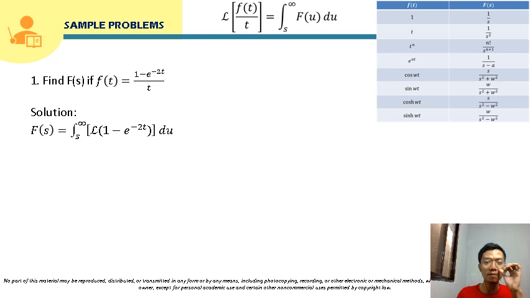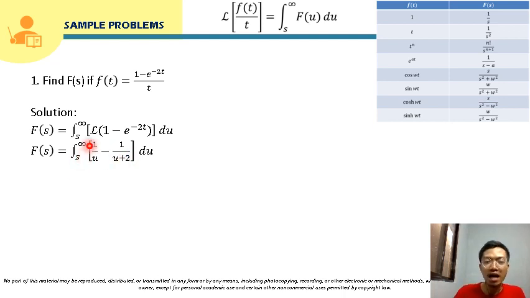We can apply linearity of the Laplace transform. What will be the Laplace transform of 1? That is actually 1 over s, but instead of using s, you will use u, so that will be 1 over u. And then the Laplace transform of e raised to negative 2t, from the table, will just be 1 over u plus 2, again using u instead of s.